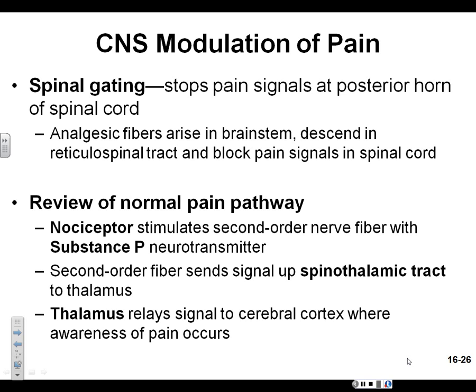Here, it travels by way of the spinothalamic tract to the thalamus, and there it relays to the cerebral cortex, where we get the awareness of pain. So sometimes, in order to alleviate the sensation of pain, we must block the release of substance P from our second order neurons.